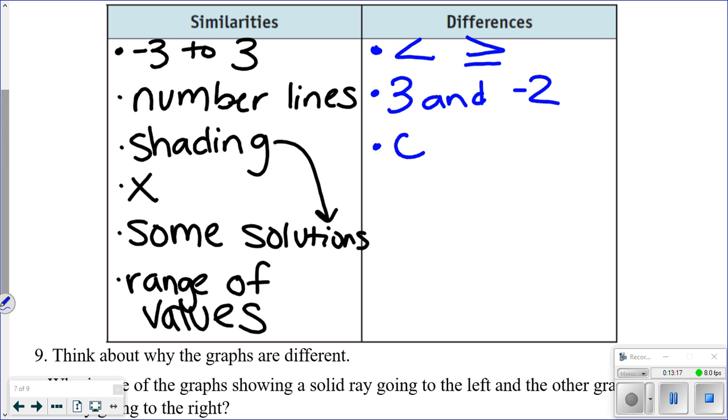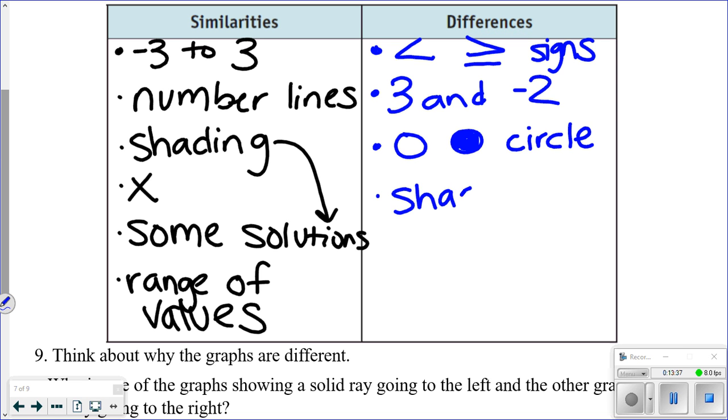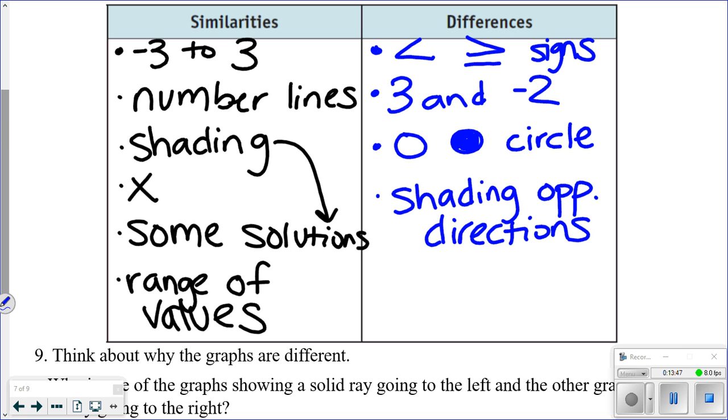We have an open circle and a closed circle. We shade opposite ways, shading different directions. One goes left and one goes right. Anything else?